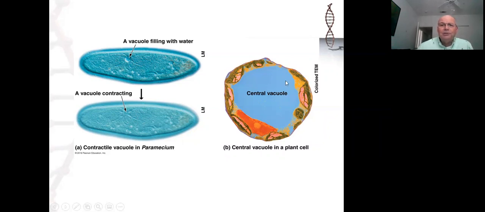In plant cells, you have the central vacuole, and you can see how it dominates the internal space of the cell. This is the nucleus, by the way, very small compared to the central vacuole. And it's the accumulation of water in the central vacuole that causes the plant cell to swell and creates that turgid condition that is typical of all plant cells.